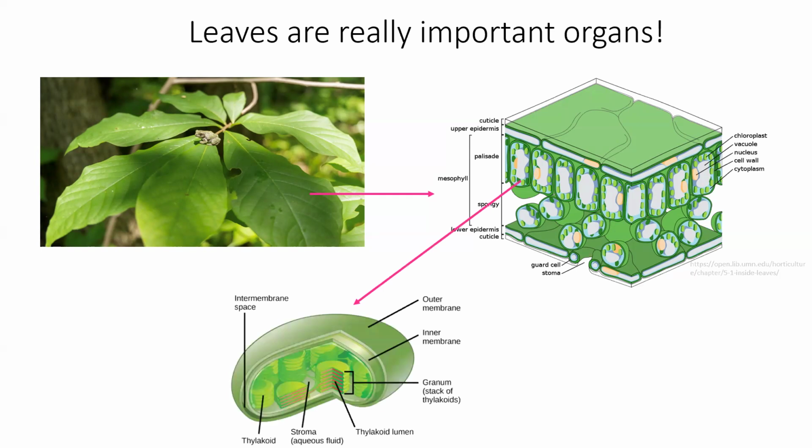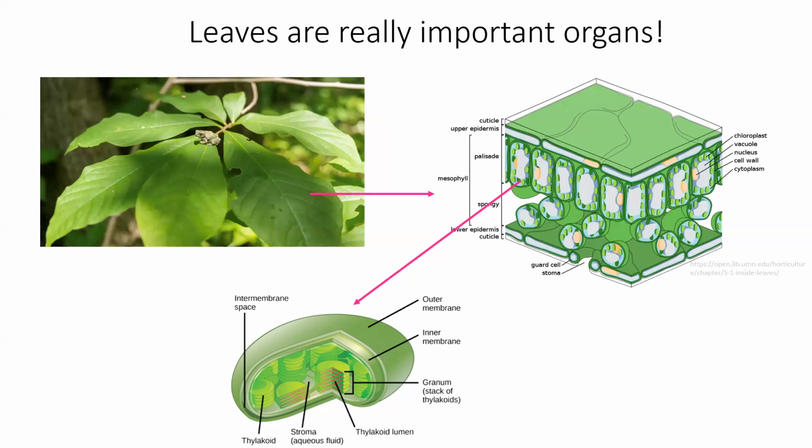Then if we look even further inside this leaf tissue, we can see these really important organelles, which are our chloroplasts. This is where photosynthesis is occurring. So leaves are the major site of photosynthesis. This is where most of the photosynthesis is occurring. And we consider leaves to be organs because they're composed of multiple tissue layers. So that's our definition of an organ. So leaves do fit that definition.